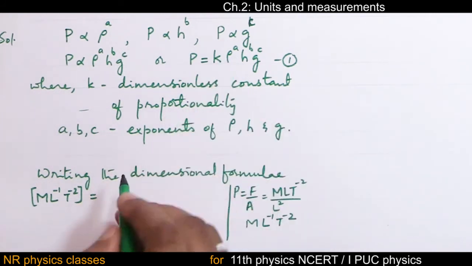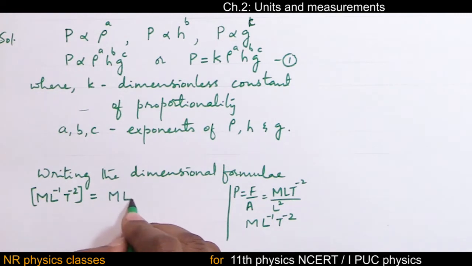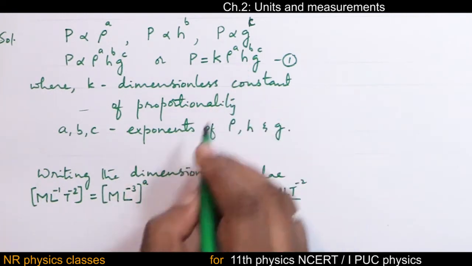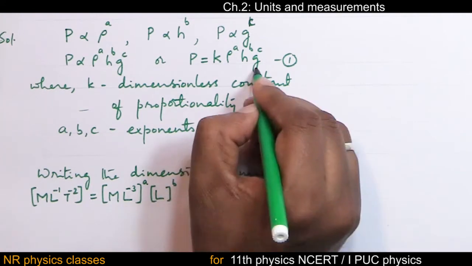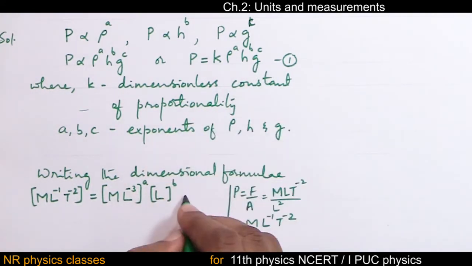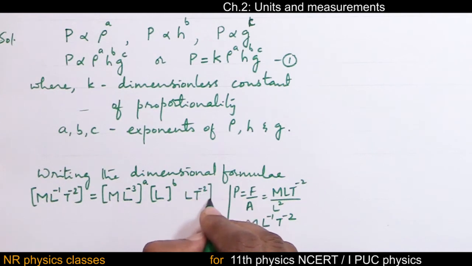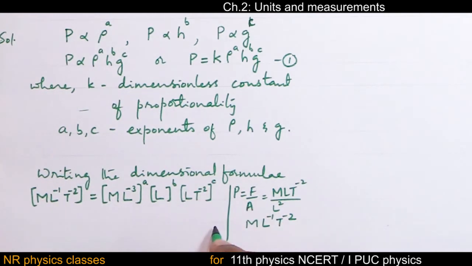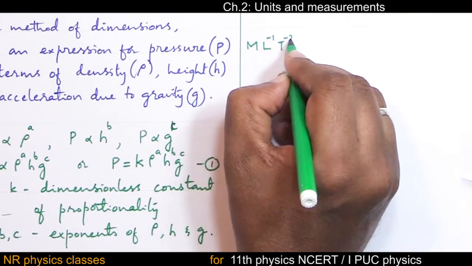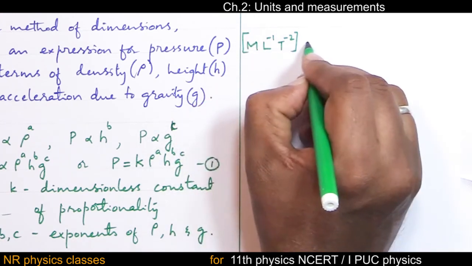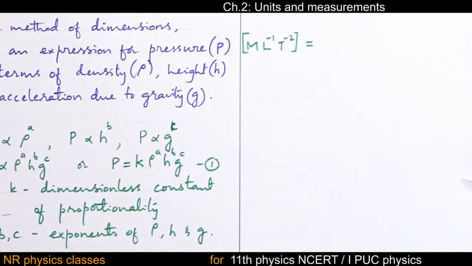Density is mass by volume, therefore M L minus 3, whole power A. Height is just length, L power B. G is acceleration due to gravity, therefore L T minus 2, whole power C. So M L minus 1 T minus 2 equal to M power A. There is no other M term.